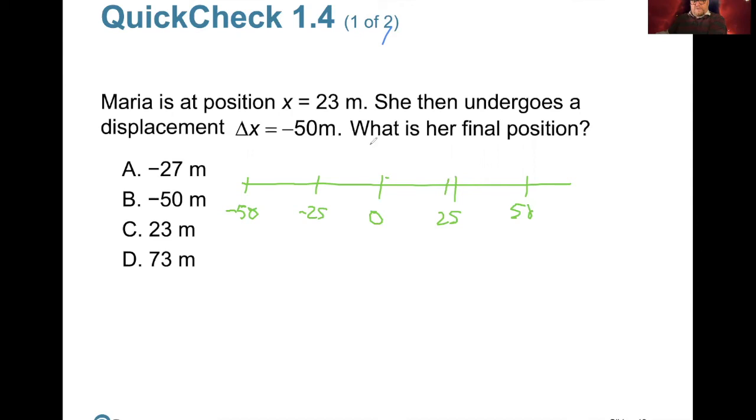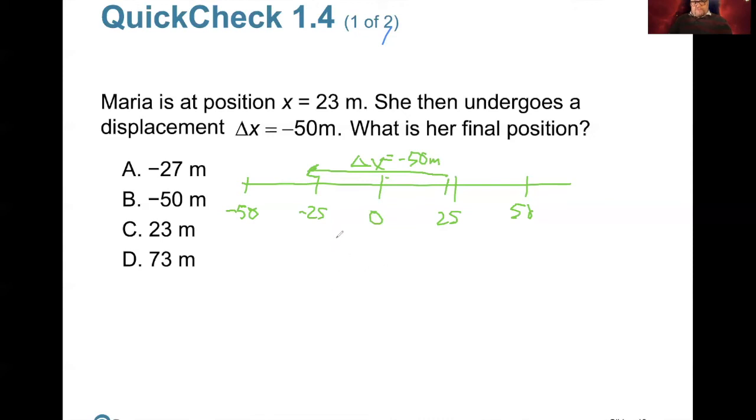All right, so she undergoes a displacement of negative 50. So that means she's going to go this way. This is my displacement, delta x equals minus 50 meters. Okay, so what this means is I need to take her initial position and subtract 50.